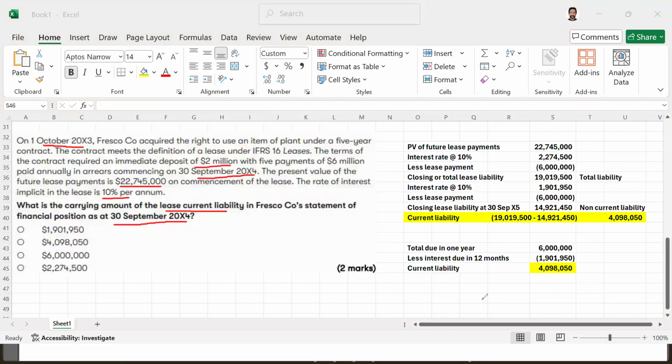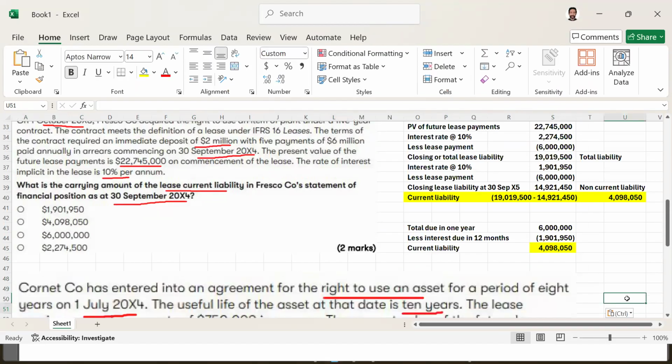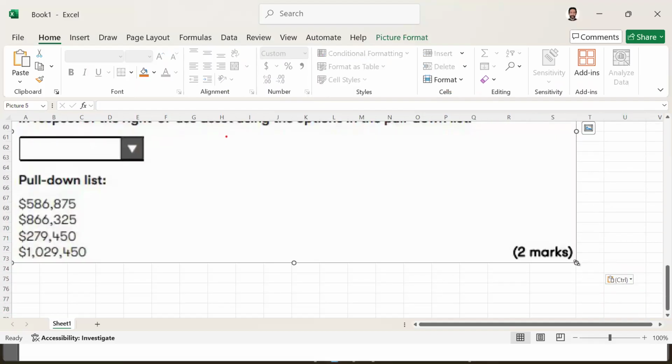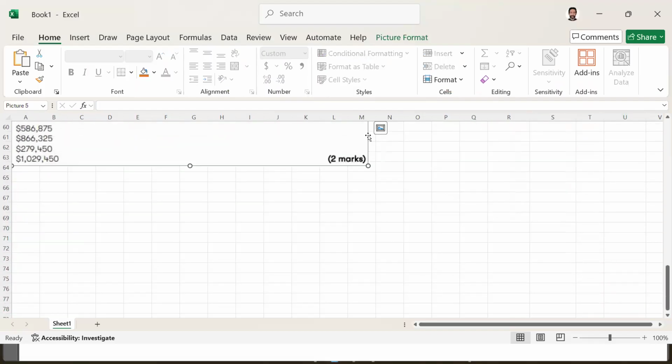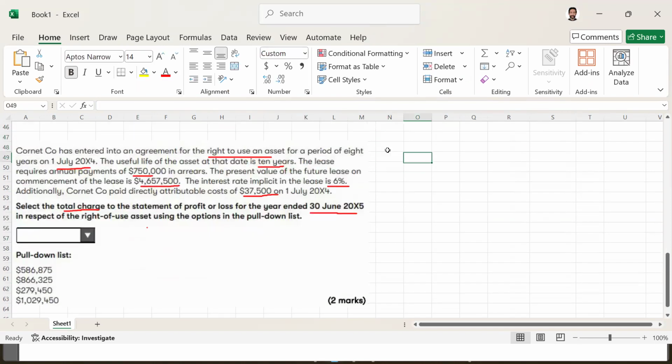Okay, so let's see. First of all, we have the charge to profit or loss.